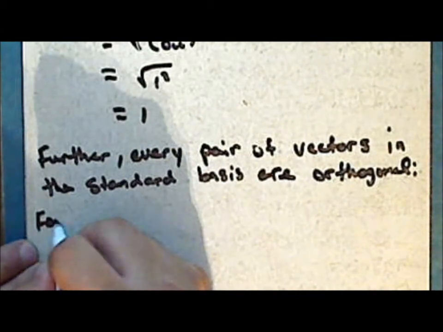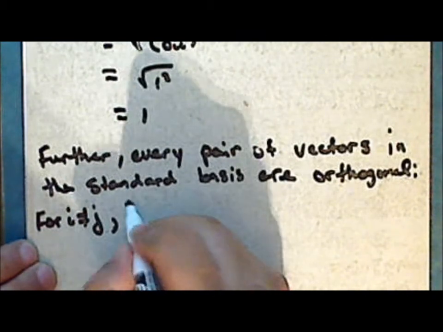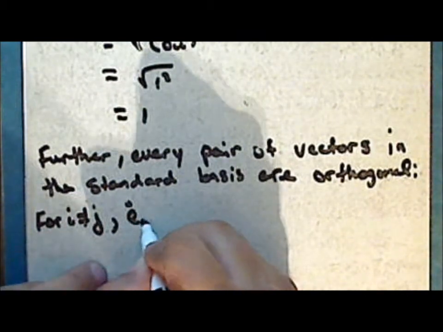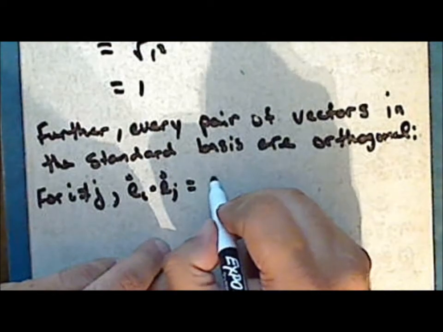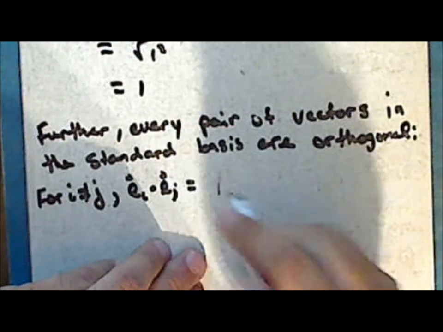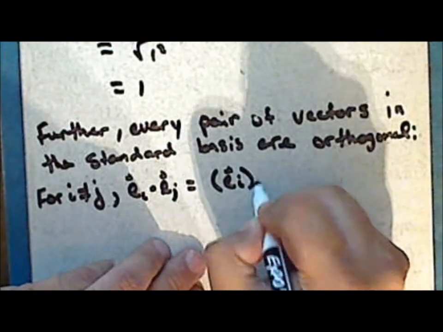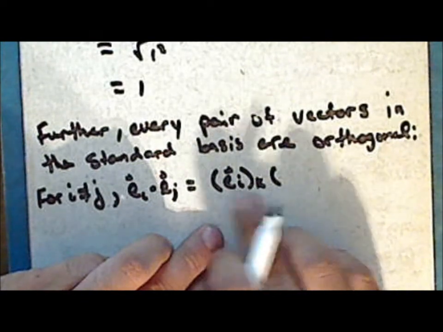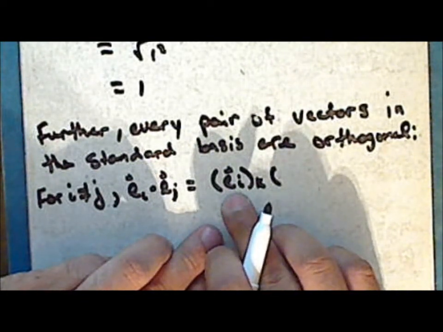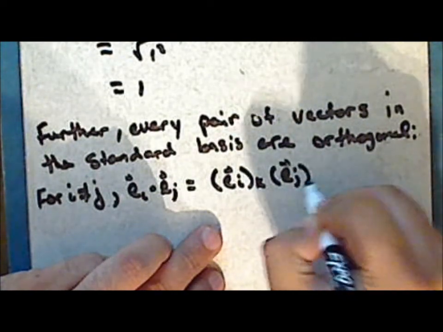So for i not equal to j, the dot product of the vector e sub i with the vector e sub j is the sum of the products of the components. So I'll use index notation: the sum of the products of the components in the vector e sub i and the vector e sub j.